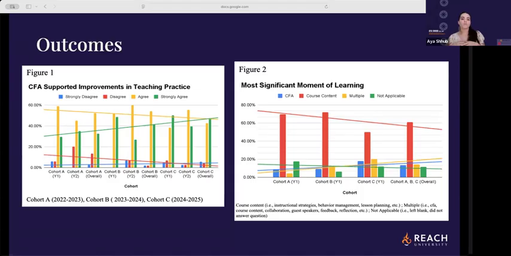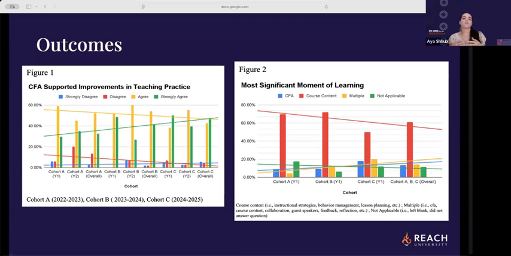In figure 2, we looked at qualitative data and we looked at responses about what candidates believe to be the most significant moment of learning. And what we found is that course content had the largest percentage of instances reported across all cohorts. And this was about 55.48%.